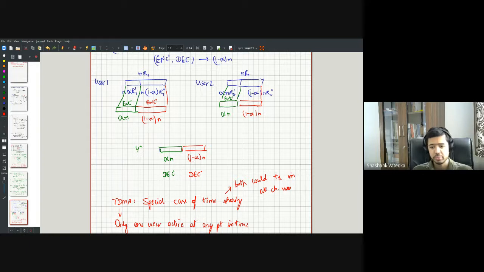But that is a very small additional overhead, and it doesn't really affect the rate significantly. So there's typically a preset collection of encoders and decoders. You decide that if a certain condition happens, if your channel is such and such, and if your rate is such and such, then you use this particular encoder and this particular decoder.